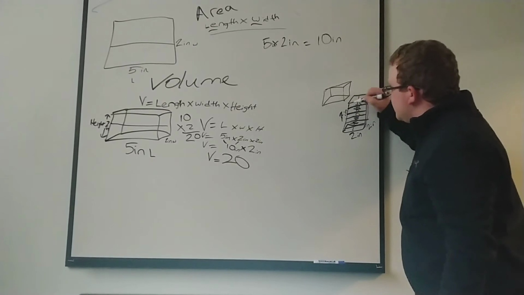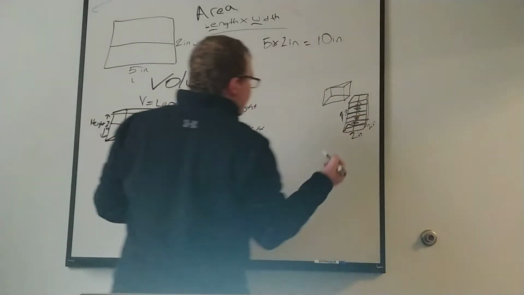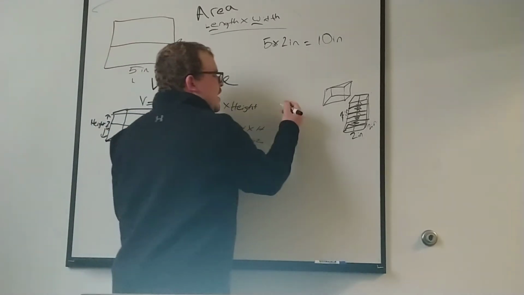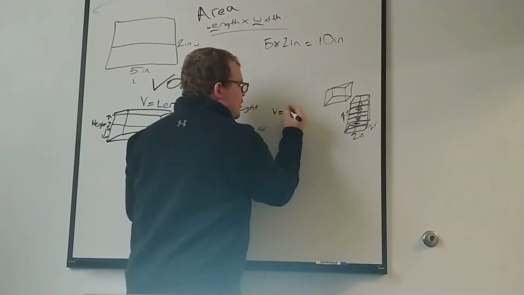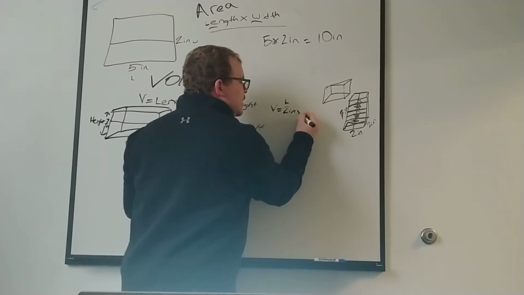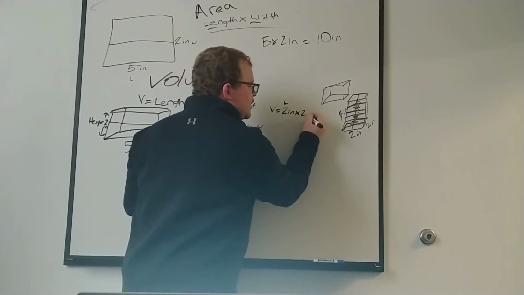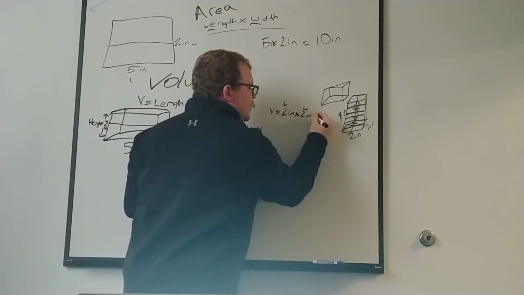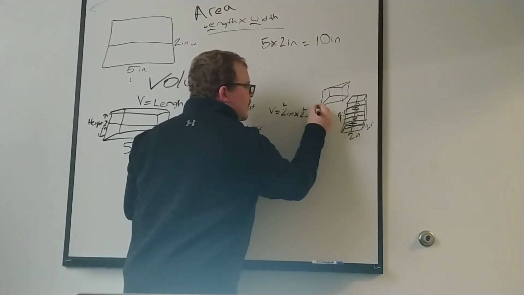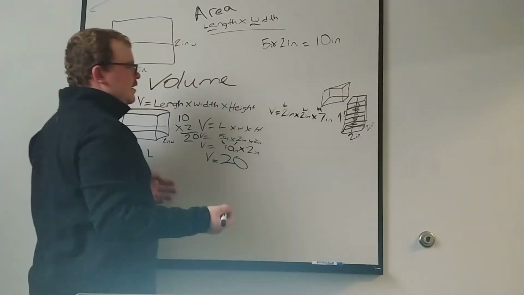Yeah, let's do 7 today. So our volume would be 2 inches as our length times 2 inches as our width times 7 blocks as our height, okay?